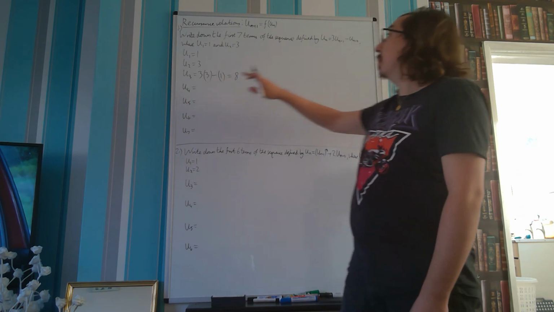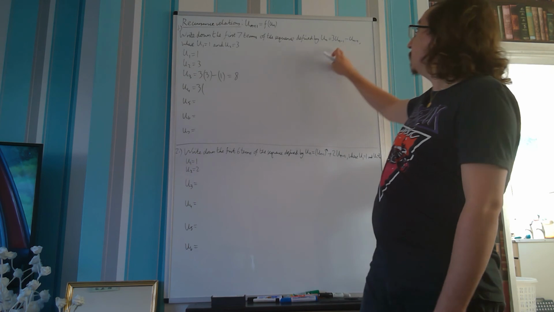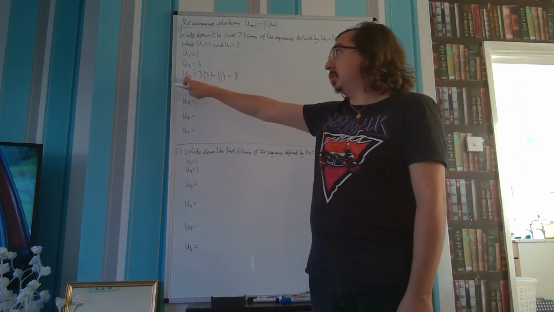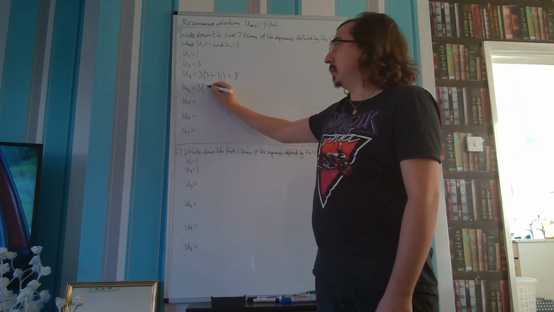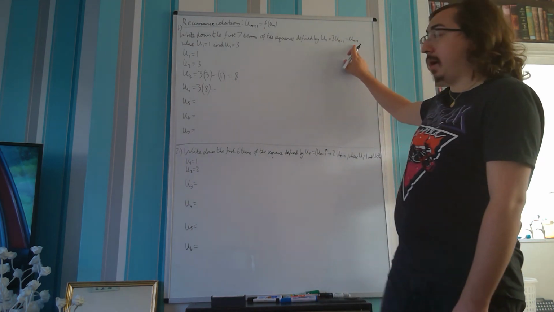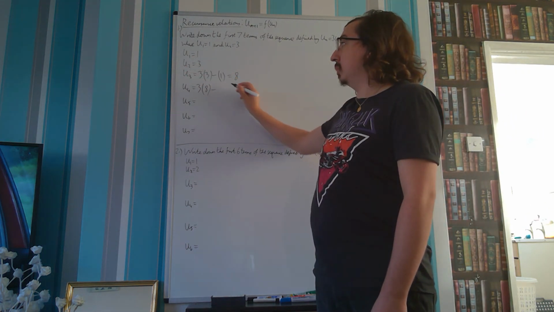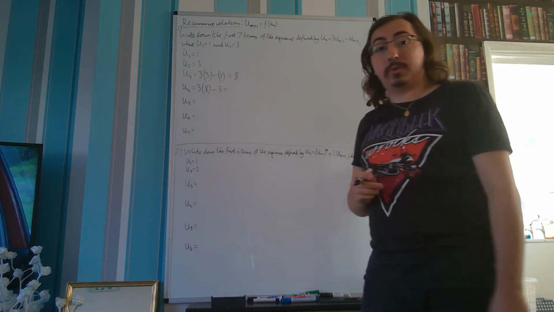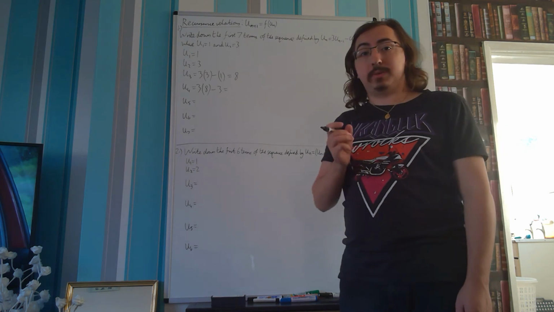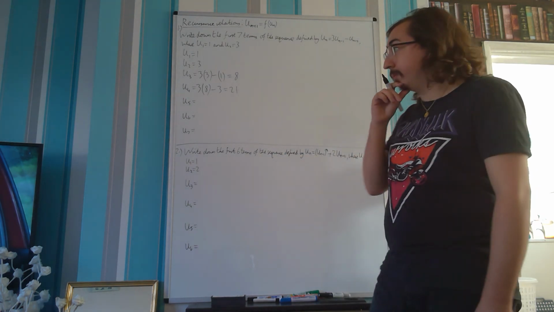For u4, we go back to the formula, and we have 3 times u of n minus 1, which is u3, and u3 is equal to 8, minus u of n minus 2, and n minus 2 gives us u2, and u2 is equal to 3. 3 times 8 is 24, take away 3, 21.